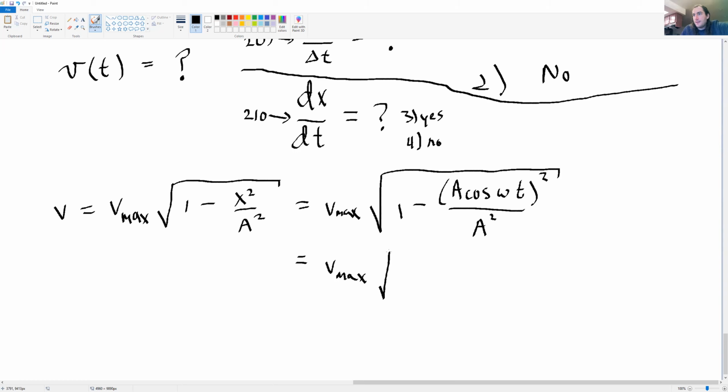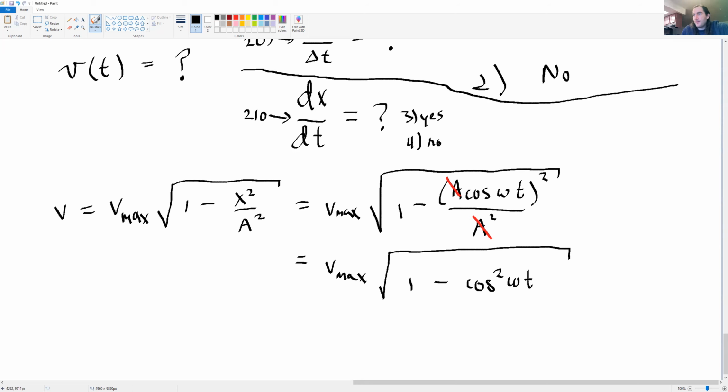So now I need my trig students to tell me what to do when I have the square root of 1 minus cosine squared. What am I supposed to do now? I haven't taken trig in probably over 10 years, so I need you guys to remind me.